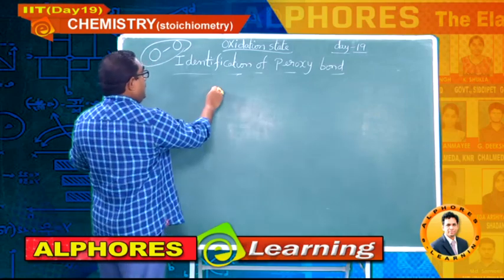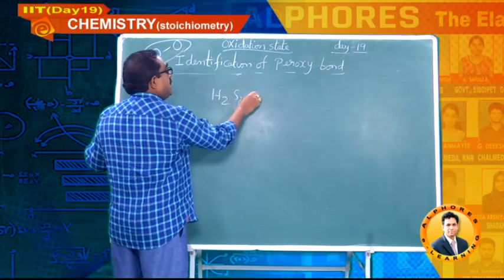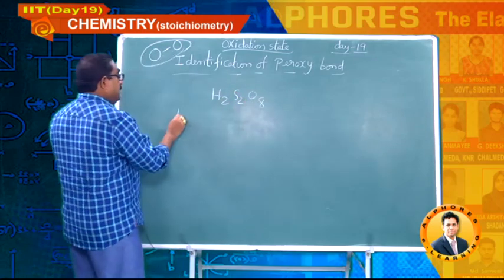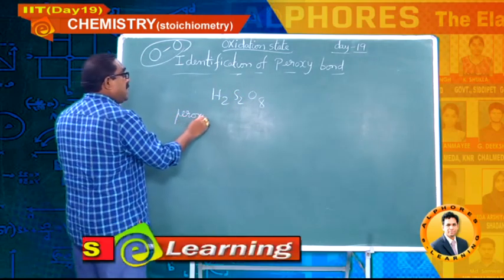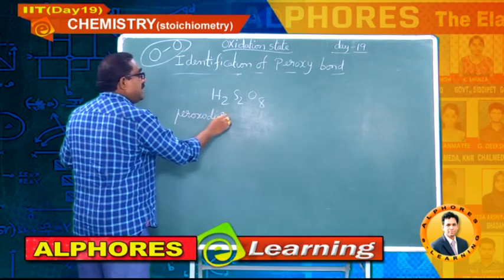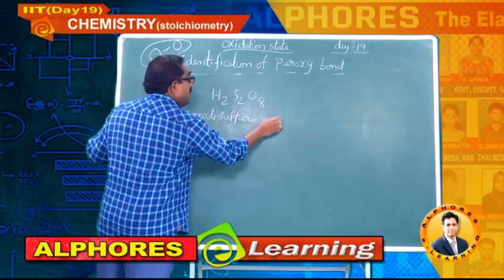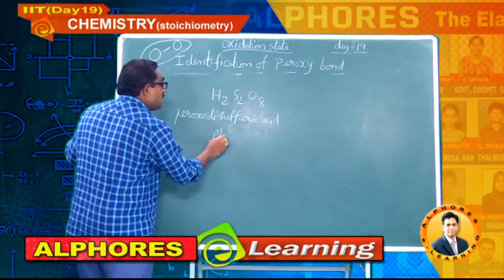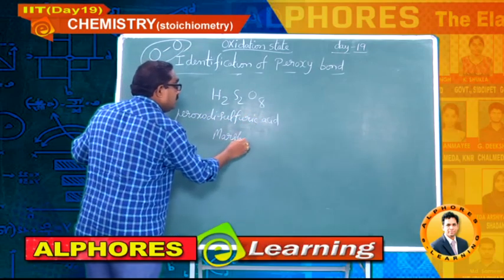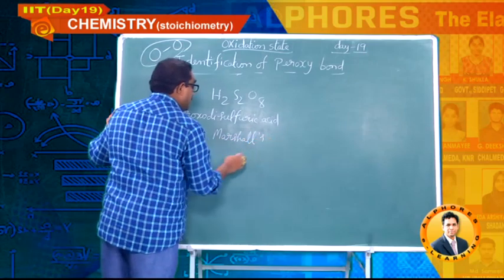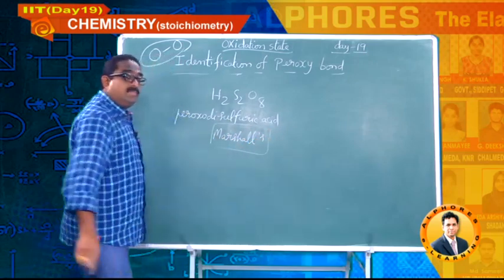Next compound, H2S2O8, peroxodisulfuric acid, or simply perdisulfuric acid you can take, and named after a scientist, Marshall's acid. Marshall's acid.